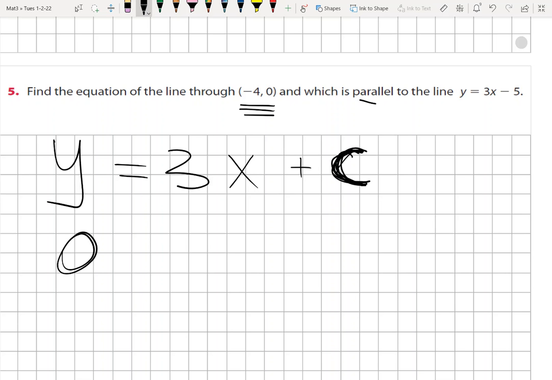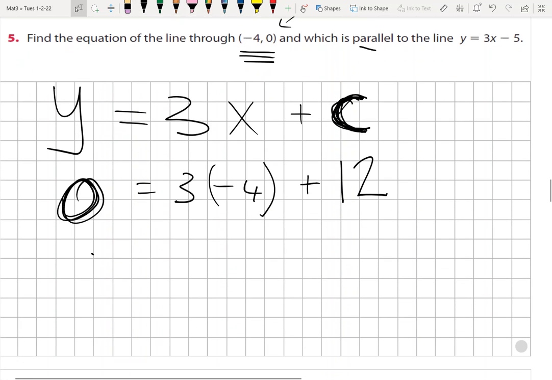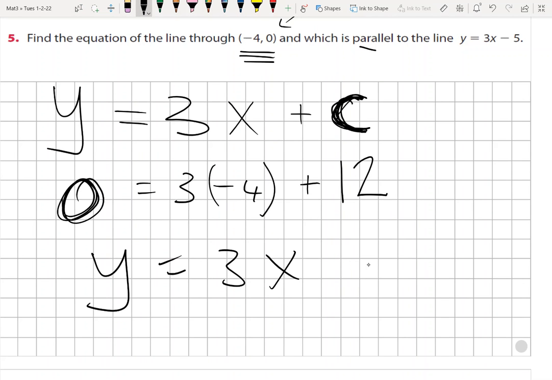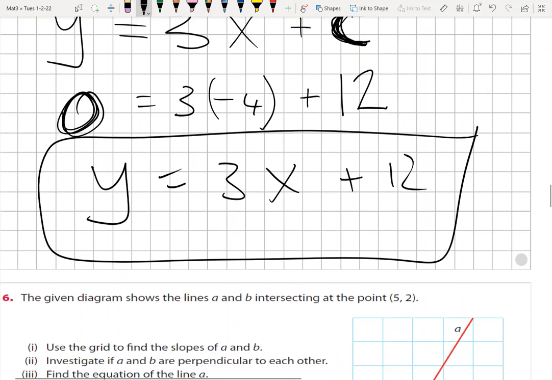So naught goes here, is equal to 3 times minus 4. Okay, meaning this here must be 12. So my answer is y plus 3x, y equals, plus 12. Done.